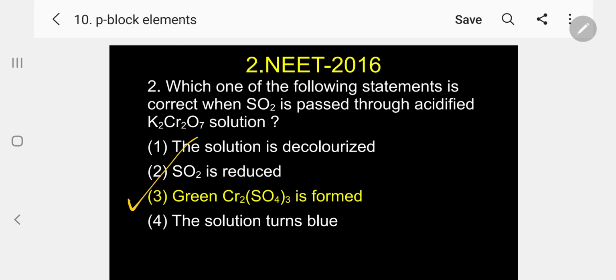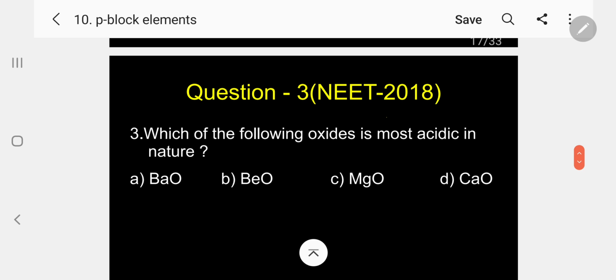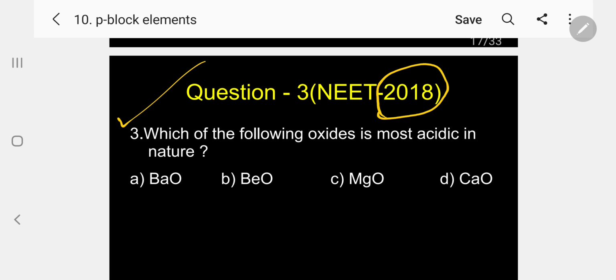Question number 3, asked in 2018. Let me read the question. Which of the following oxides is most acidic in nature? Strictly speaking, they should ask which is acidic in nature, but they should not ask most acidic.